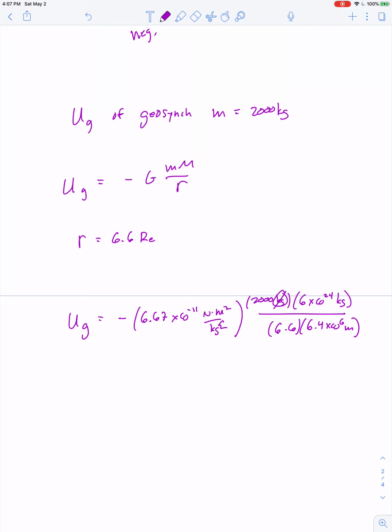Those kilograms cancel one of those kilograms. Those kilograms cancel the other kilogram. That meter cancels one of those meters, and we're left with newton meters, which is joules, which we'd expect to get for energy. So the energy is negative. Let's see what our calculator says.